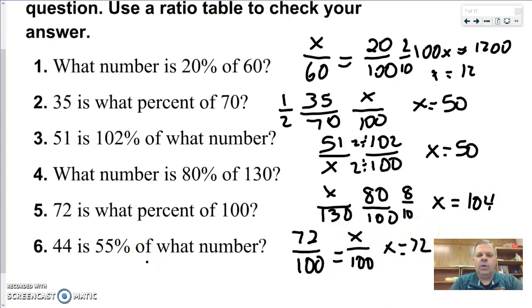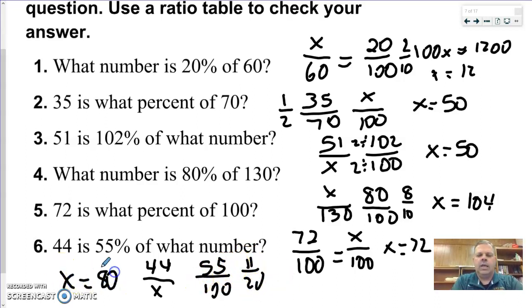And finally, 44 is 55% of what number? And it looks like that. When I simplify this, I would divide by 5, so I'm going to get 11 over 20, which gives me times 4, so in this case, x equals 80. And I've got that answer.